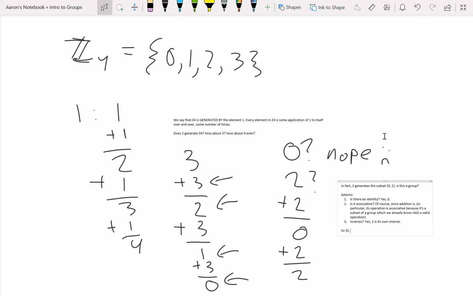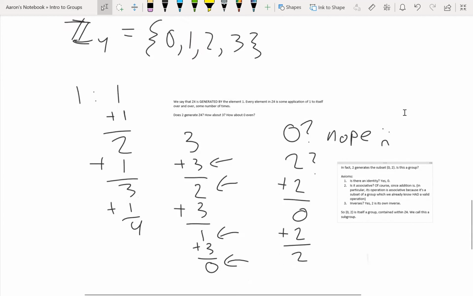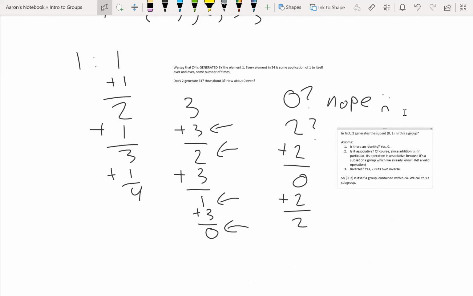So {0, 2} is itself a group contained within C4. We call this a subgroup, predictably. We're just saying that a subgroup is a subset that behaves like a group.